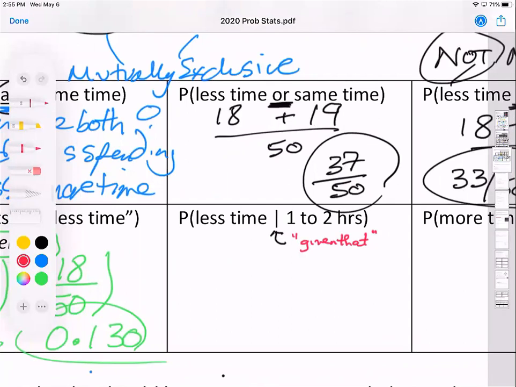This line also indicates that this is a conditional probability. So we did conditional probabilities in the previous video. But the condition is the 1 to 2 hours.